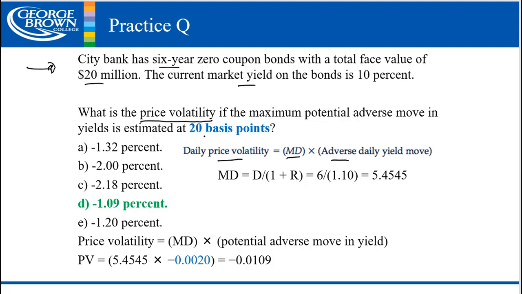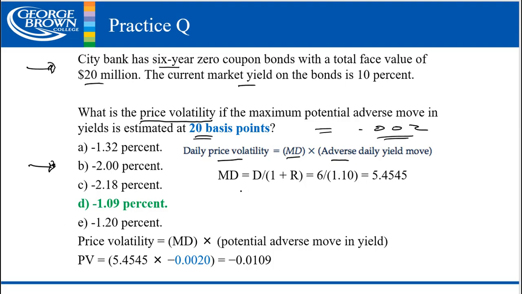So they're giving us the adverse daily yield move at 20 basis points. So remember, that's going to equal 0.002. This is why it's important to understand our basis points. 100 basis points equals 1%, 20 basis points equals 0.002, okay? And you can see that all the answers are being given as a negative. So the adverse, they're assuming that it's a negative effect.